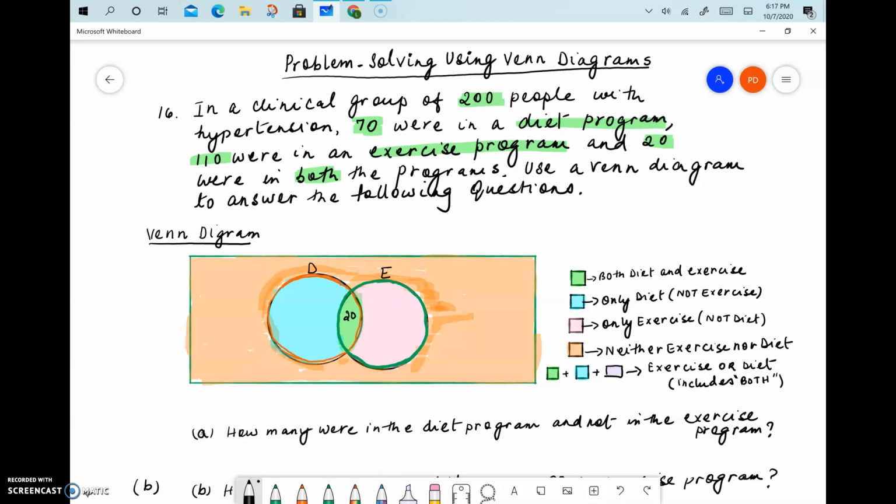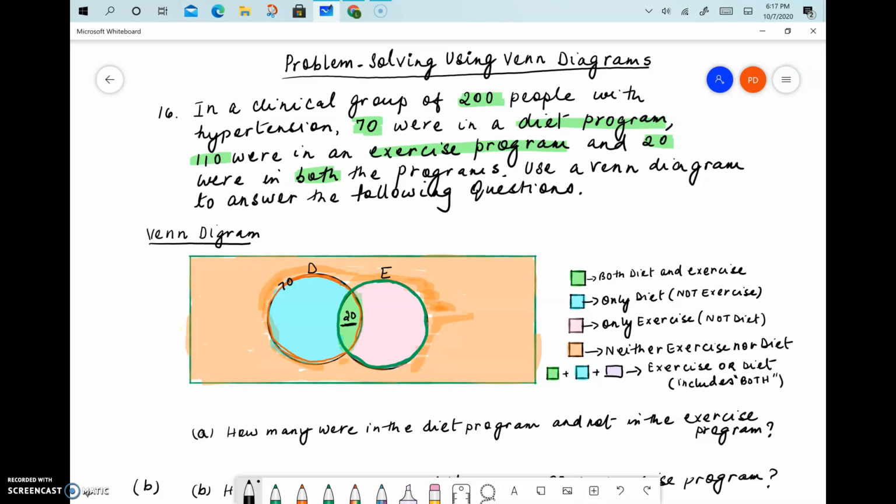The one number that fits in directly is the overlap, which is people who were in both the programs. So that's 20. Now the number of people in the diet program, so the circle which is diet, must have a total of 70 people. If you look inside the circle, we already have 20 people accounted for.